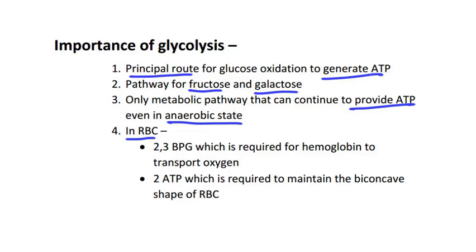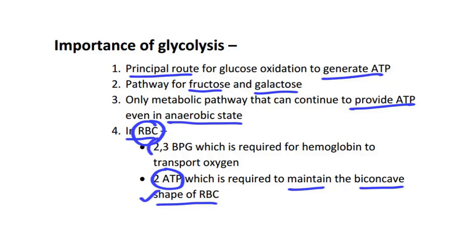So, through anaerobic glycolysis, RBC produces ATP, which maintains the biconcave shape of RBC. Mainly, this produced ATP in RBC is used to maintain the activity of the sodium-potassium pump, which maintains the shape of the RBC.